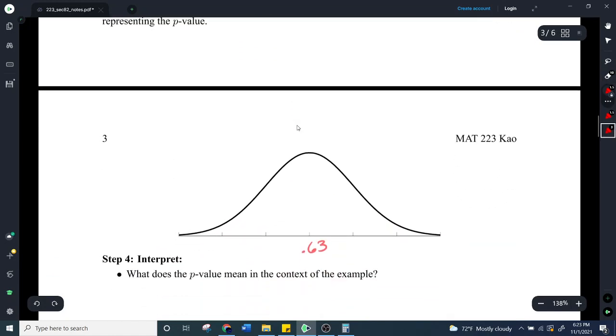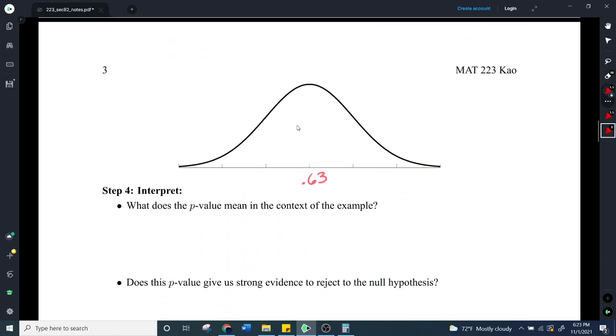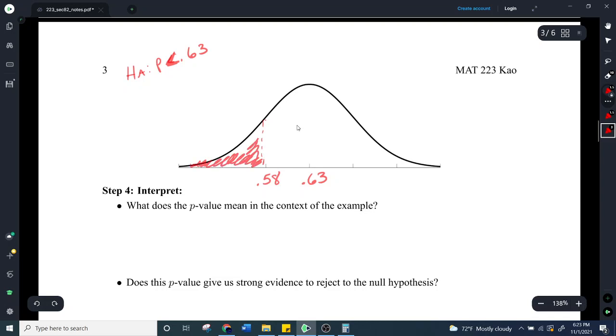That was my p hat. So 58% is going to go somewhere over here. My alternative hypothesis was less than. What that means is when I graph this, my p-value is the area under the curve to the left of my test statistic.